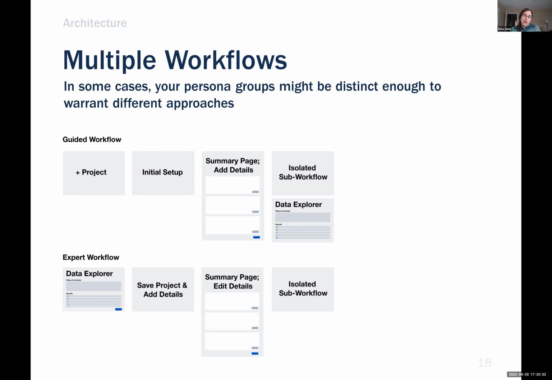For the novice user, you probably want some kind of a guided workflow. You know, they set up a project, we talk them through how to set it up, we give some recommendations, have a summary to structure information, and then we get them into the complicated things when they know what the context is. Our experts want nothing to do with that. They want us to give them the data table and get out of the way, right?